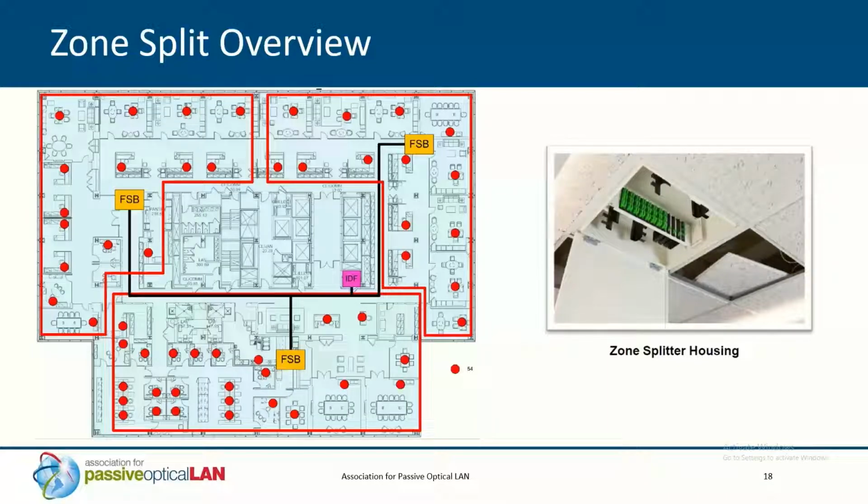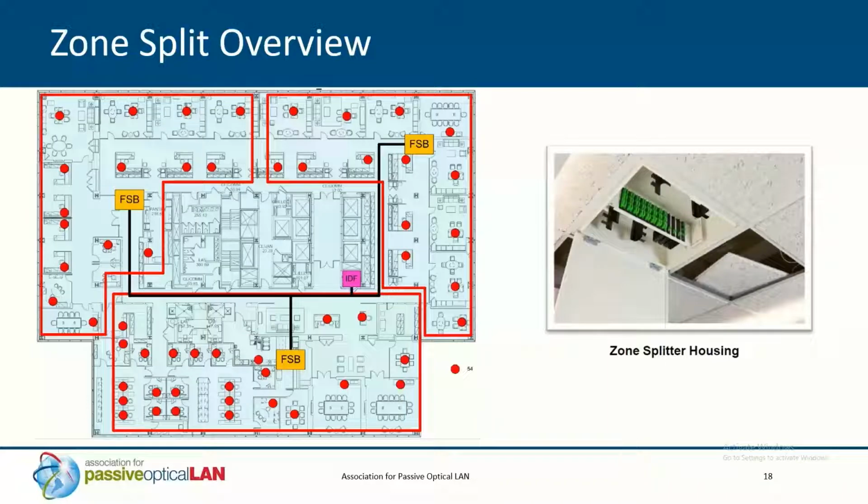Now, the benefit of doing something like this is that this adds a level of protection over a certain area, right? So if I was to have some issue that would happen, either at the OLT or something with the cabling or the fiber that came to the FSB, I would build in some type of redundancy, either to an additional port at the OLT, or let's say a different path with the distribution fiber.